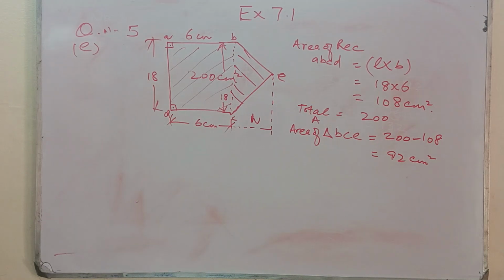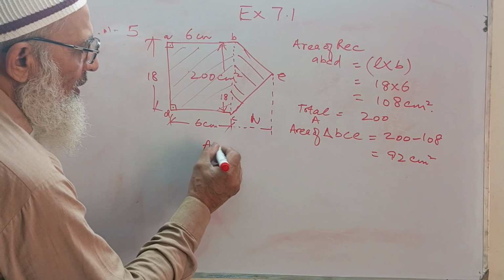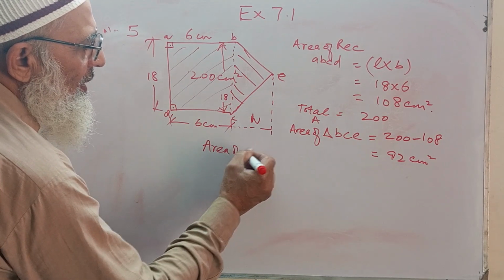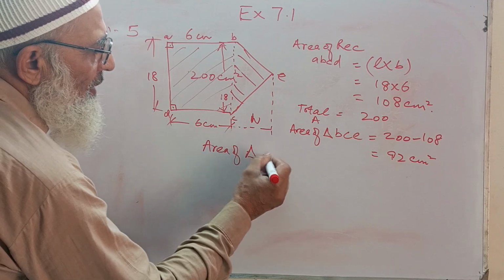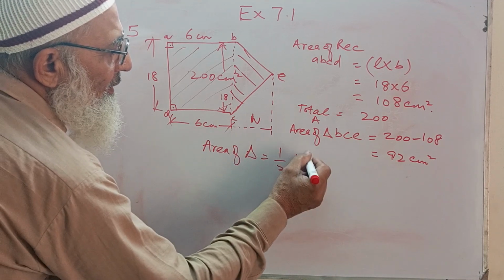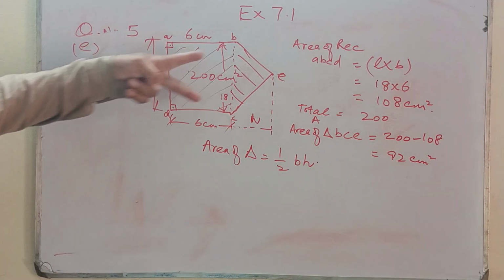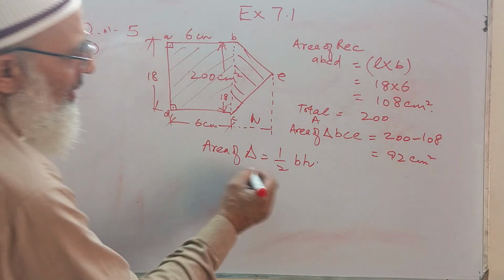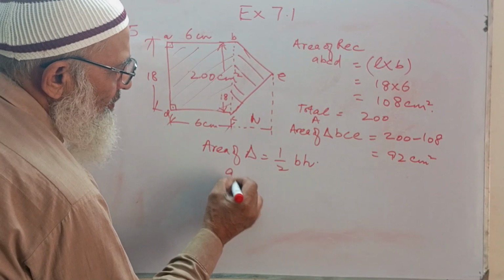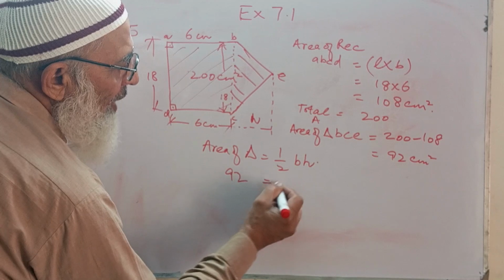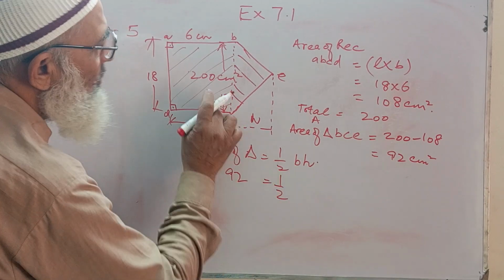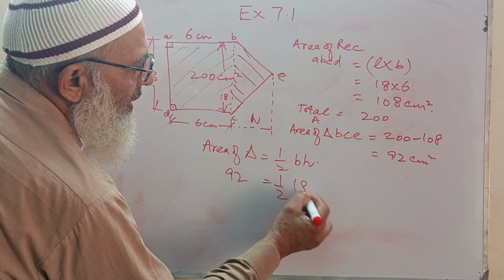Now we can easily find the height, because area of triangle is equal to half base into height. We also know the area is now 92. Half is half, base is 18, height is unknown.